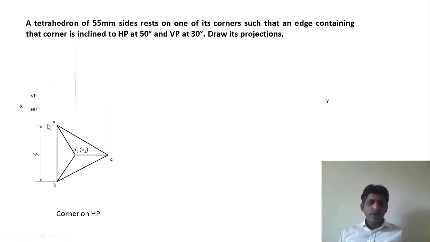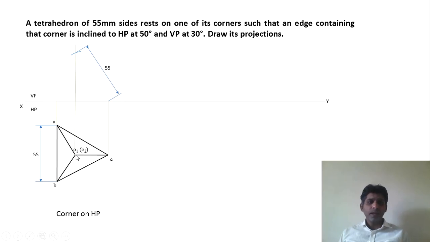What I mean is, you first spot this particular point, and from here you draw one line of some finite length, and from point C, measure 55 millimeters and cut this line. You will get one point. This point is point O1. The axis length is not given. So this is how you have to construct the front view.